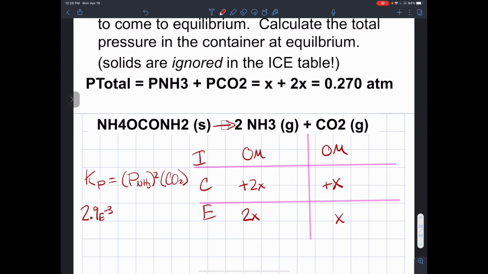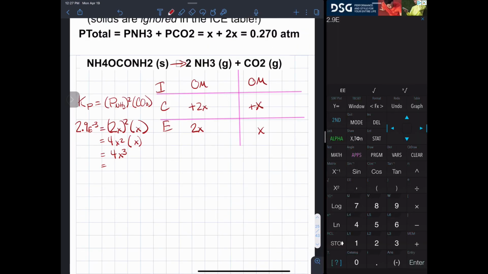And that's actually going to be equal to 2x squared and x. So that's going to be 4x squared times 1x, x squared times 1x, which is 4x cubed, divided by 4.